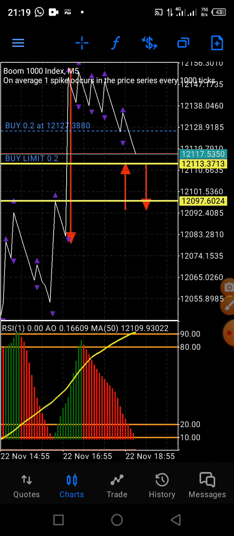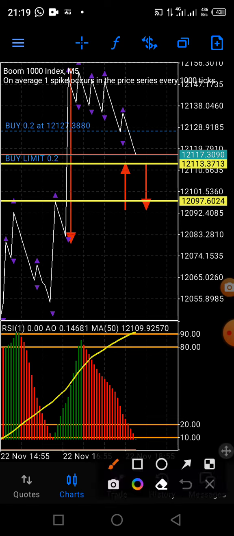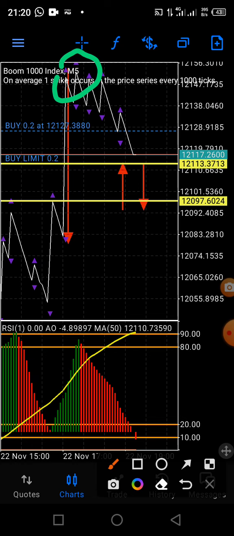Let us observe. Reaching in between very soon. So this is M5. No wonder it is taking a little bit of time. We are looking at it in M5 time frame, which is 5 minutes.